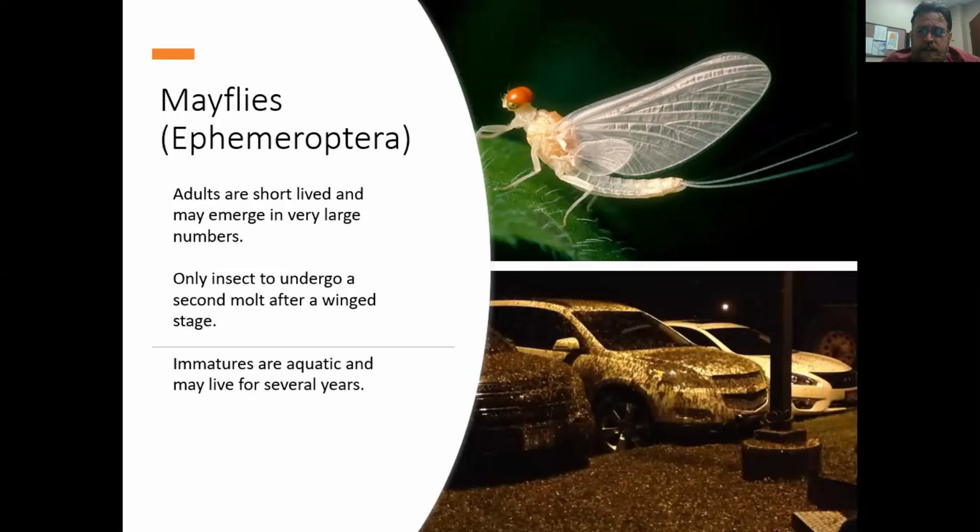Mayflies are a really interesting group, not only because of that interesting life cycle, how they come out in huge numbers. They're the only insect that undergoes a second molt after they have a wing stage. So they have what they call a sub-imago, which is kind of like a junior adult, and then the imago or adult stage. You can also often tell mayflies because they have really interesting eyes.